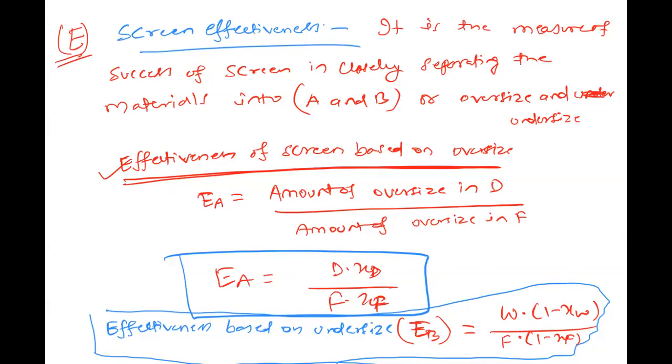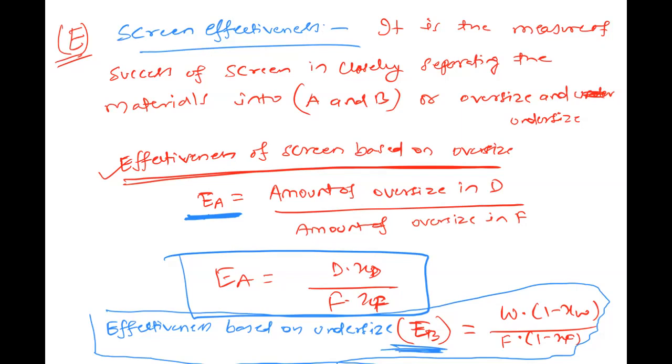Please note down this, or if you already noted, just tell me. So this is the effectiveness based on oversize, and this is the effectiveness based on undersize.